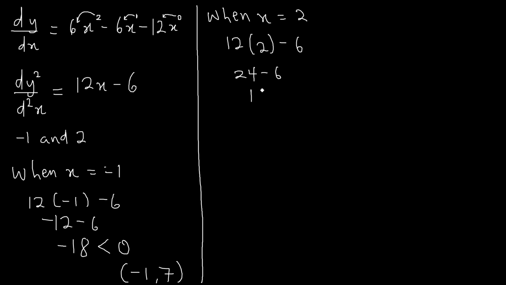That lands us on 18. And since 18 is greater than 0, that means the point 2, -20 is actually the minimum point.